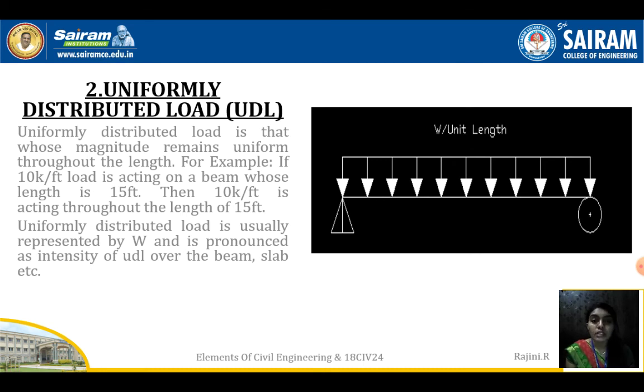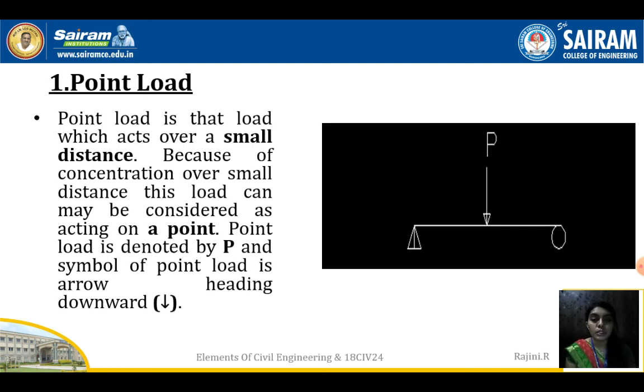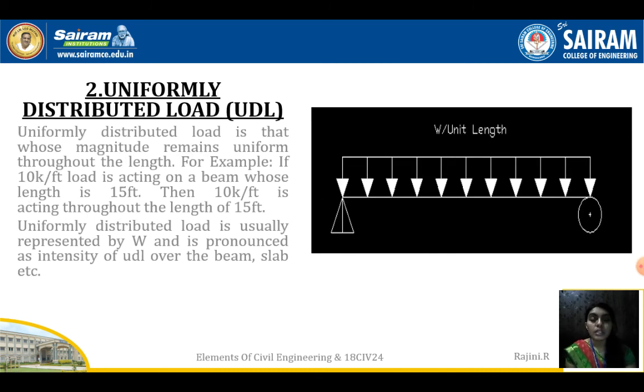Here, for the point load P, the unit of load is kilonewton, but here the unit is kilonewton per meter. In the explanation I have given kilonewton per feet, right? So while marking the unit, we have to mark the weight, that is the load, per unit length.